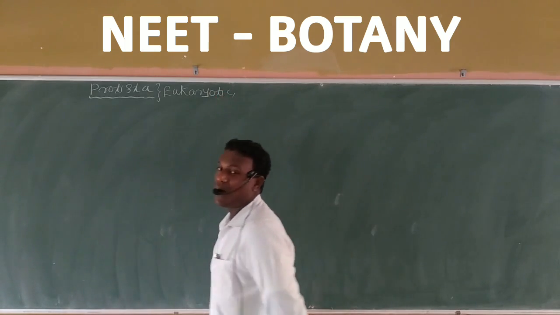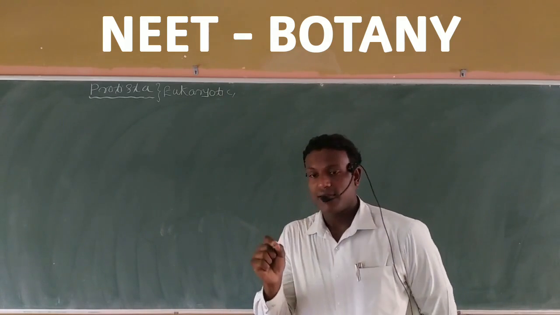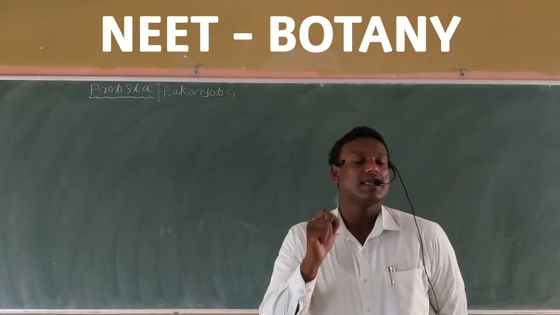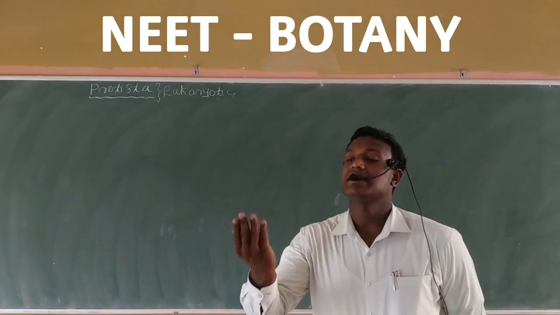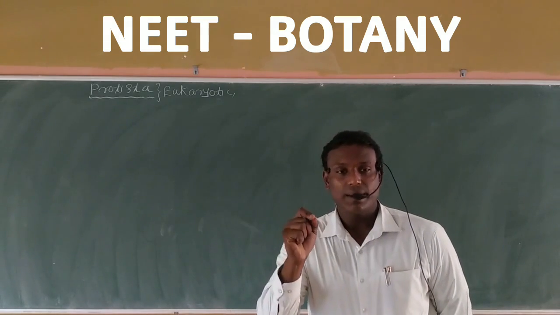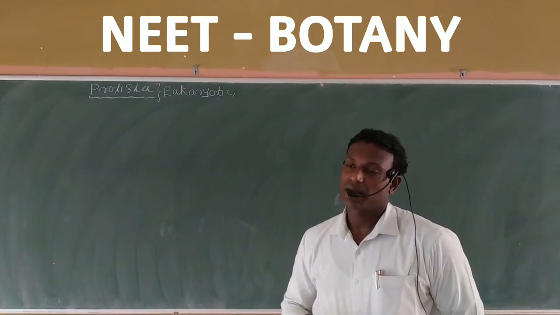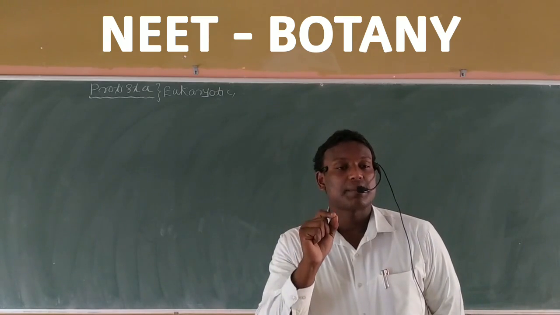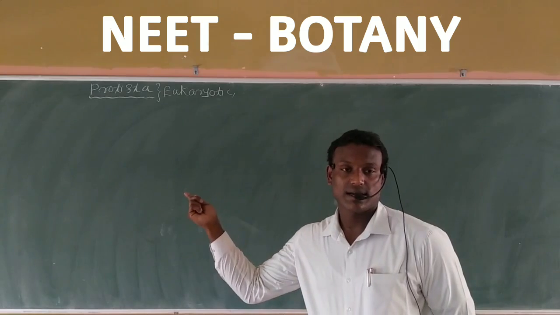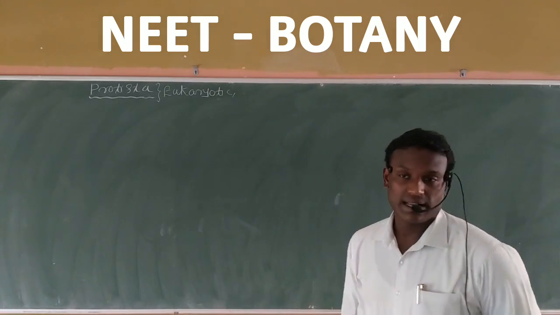That means all members belonging to Kingdom Protista have a well-developed nucleus as well as well-developed cell organelles, like mitochondria, chloroplast, endoplasmic reticulum, Golgi complex, present in the members belonging to what? The Protista. That's why they are eukaryotic in nature.